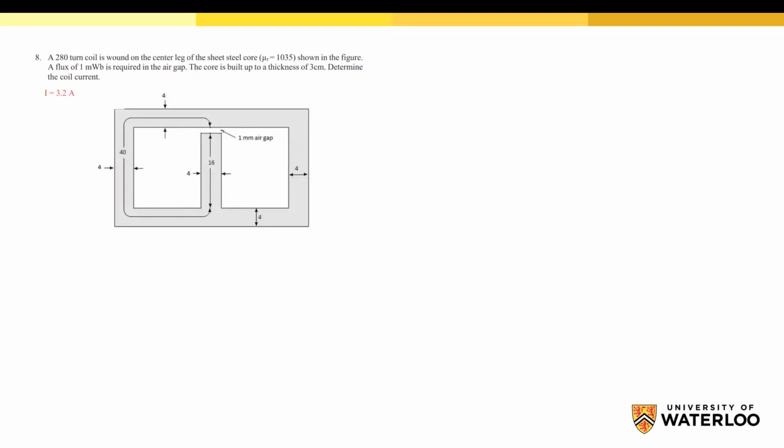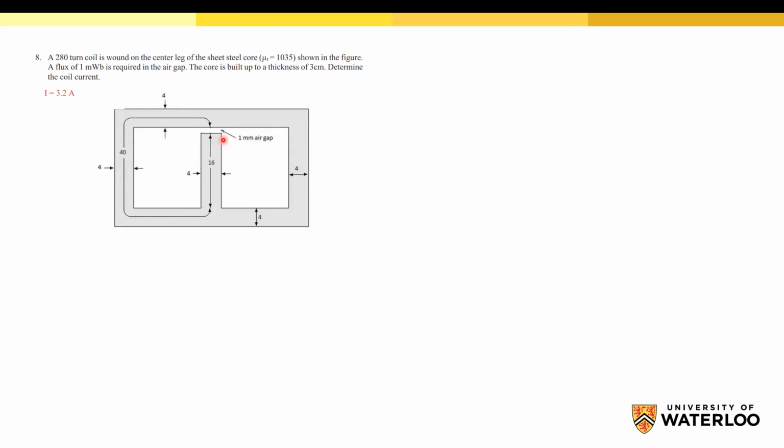In order to solve this problem, we need to draw first the equivalent circuit. So the equivalent circuit of this magnetic circuit will be, first, we have a coil, so we have a source in the middle. Then we have a reluctance for this air gap.